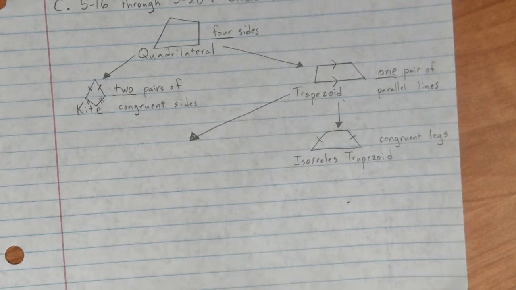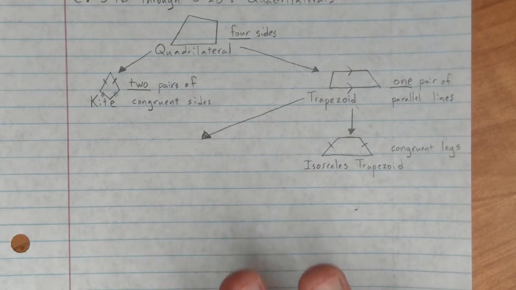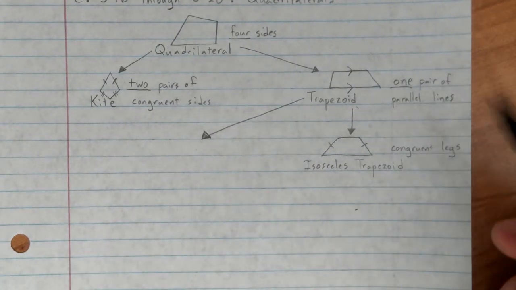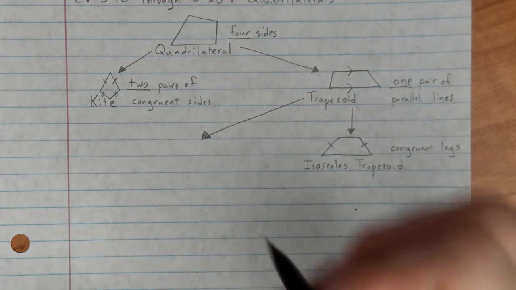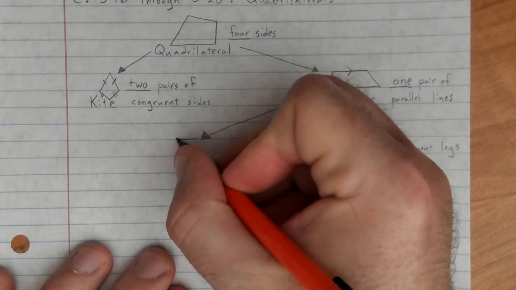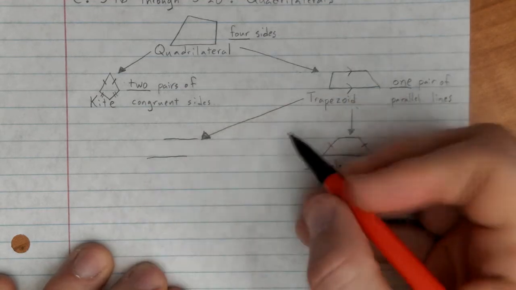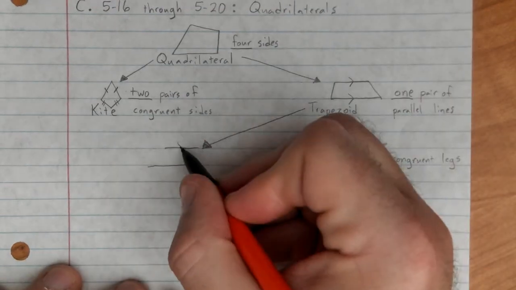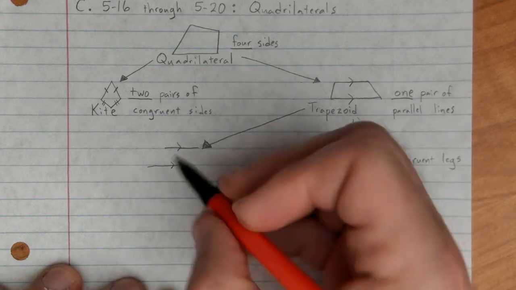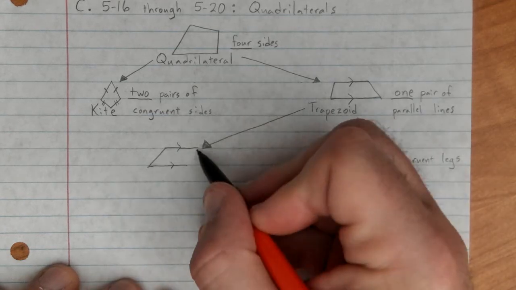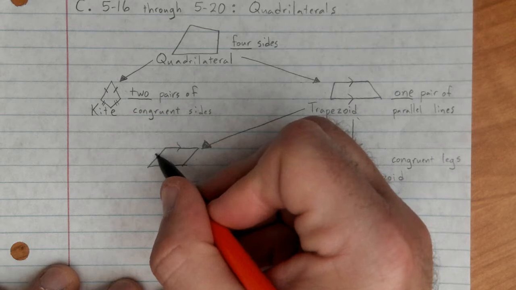Okay, sorry, I don't think that was actually on the screen for most of it. One pair of parallel lines. Okay, fine. But what happens if we have two pairs of parallel lines? Not just this, but also these.